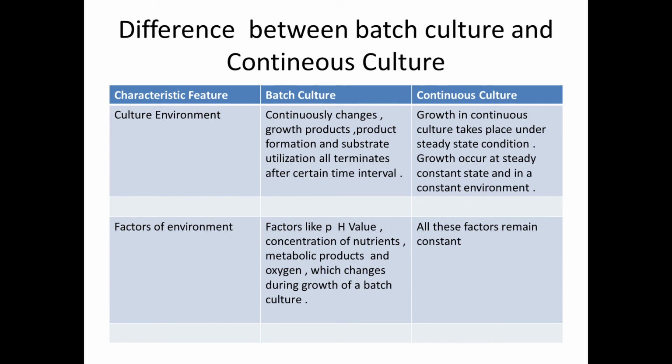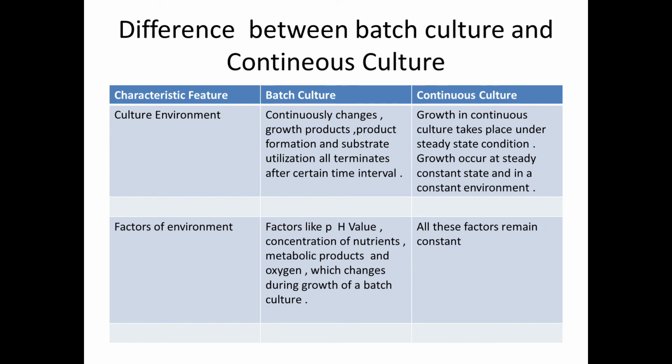Growth occurs at a steady constant state and in a constant environment. So we have to maintain the growth rate during the whole process in continuous culture. But in batch culture, growth rate will be maximum, then it will come to a steady state, then finally come to a declining stage. So after a certain period of time, all processes will terminate in case of batch culture fermentation.